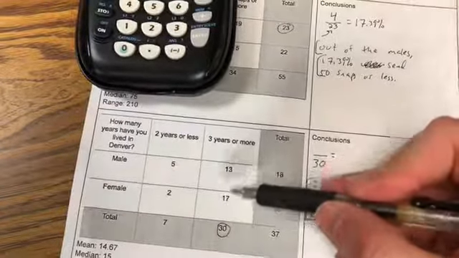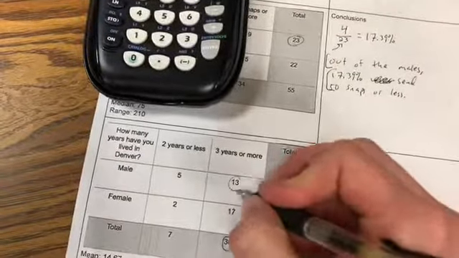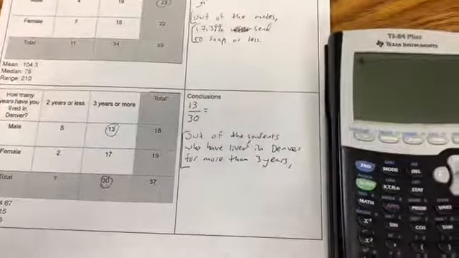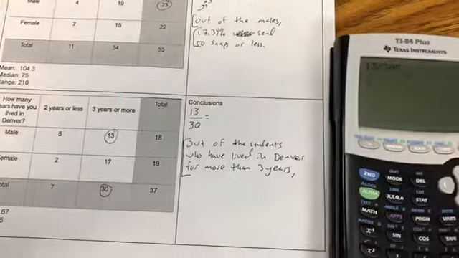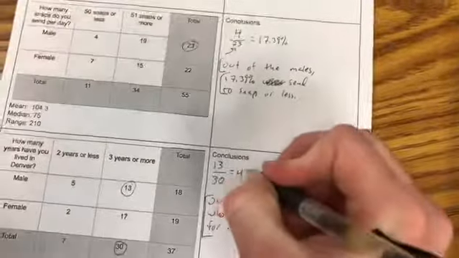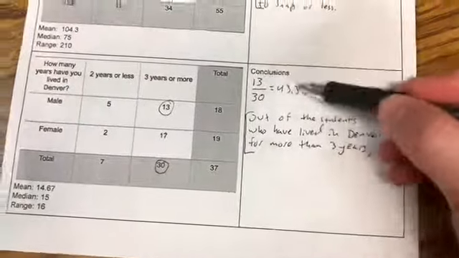Out of the students who have lived in Denver for more than 3 years, comma, now, if I chose this total, I have to choose one of those parts up right above it. I'll choose the 13. I'll need to go turn that into a percent now. 13 divided by 30 times 100, 43.3%. And now we need to go explain that percent and that part.